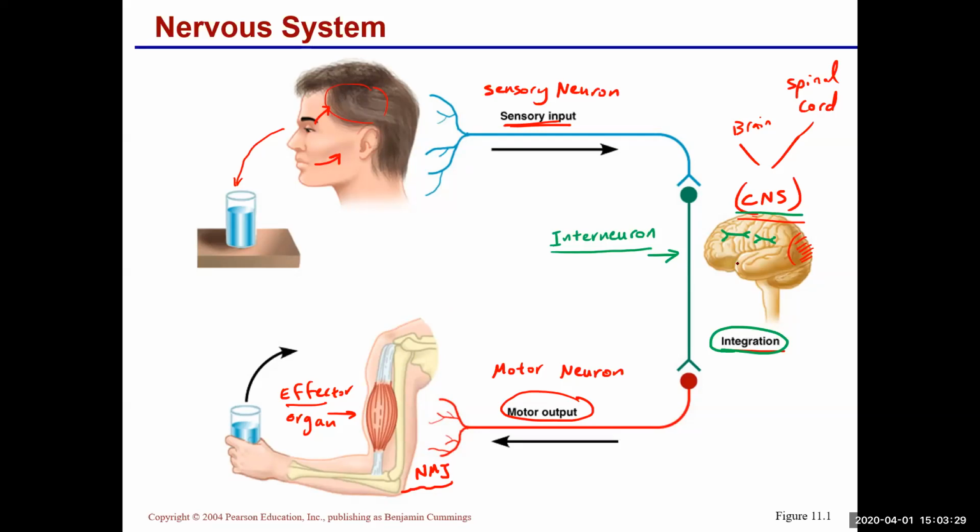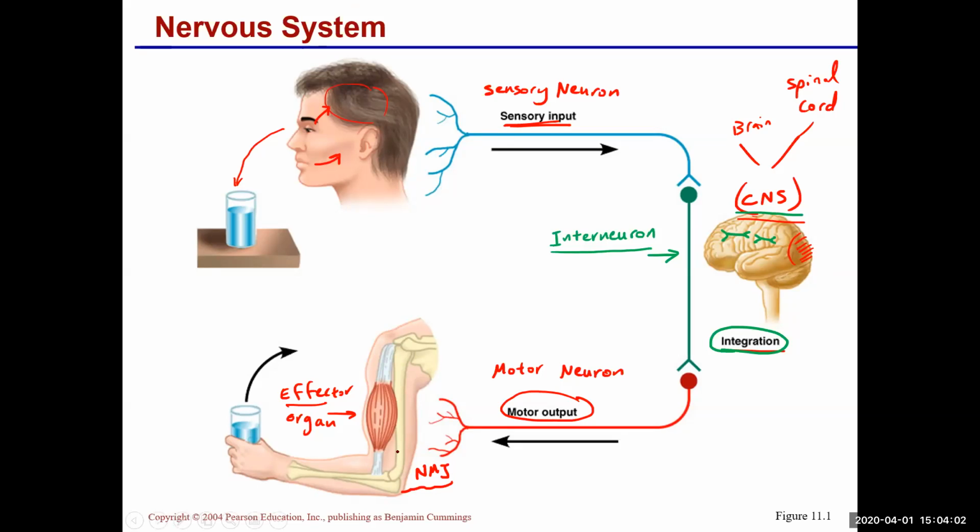Your brain is going to process, oh, this siren means emergency, I've got to pull over to the side. And again, via the motor neuron, you will probably stimulate the effector organs of your calf muscles or leg muscles, and you press down on the brake. All right. So in this case, it was not vision, it was hearing. So again, think about your other senses as well. And these are all part of the overall picture.